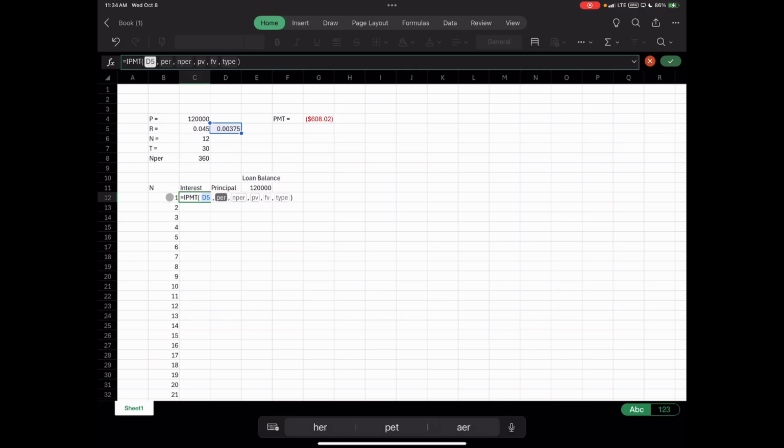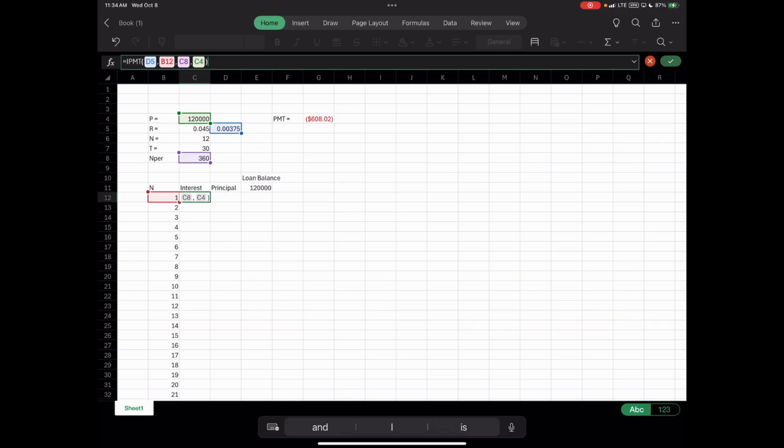All right, so I'm going to use the current period, which is B12, I hit comma. I'm going to do the total number of periods is the 360, and then the principal value is going to be C4, and then I'm not going to specify FV or type, so I'm going to go up here into the formula editor, and I'm going to delete FV and type because I'm going to use the default values for those.